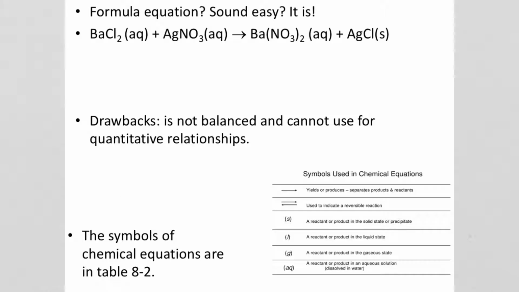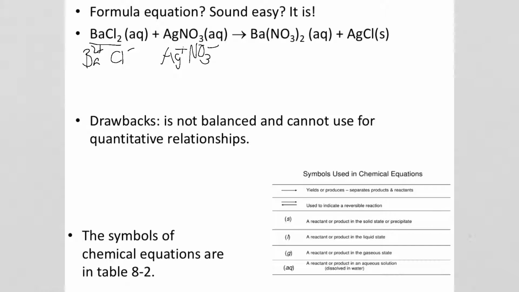Now, formula equation, we're getting a little bit better. So I took that same one and we changed it into barium chloride, doing our Ba2+ Cl−, crossing our charges. Silver nitrate, silver with its +1, nitrate with its −1.